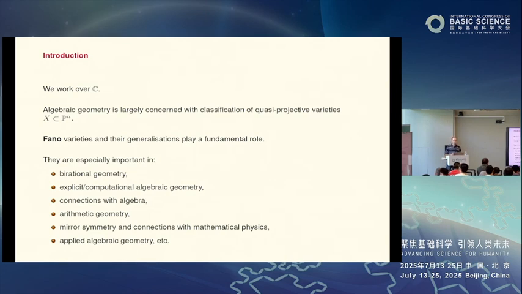But they are also very important from a computational or constructive point of view of mathematics, because they happen to be a class of objects which are much more suitable for computations. Other classes are much harder to do computations with, but Fano varieties are actually much more suitable.